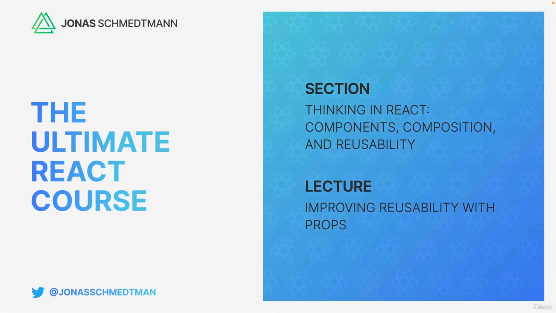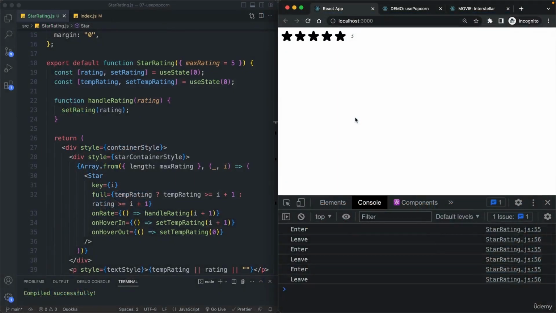Okay, so let's now make our component really flexible and reusable by defining a nice public API for consumers to use it. So right now, our component is quite inflexible and therefore not really reusable.